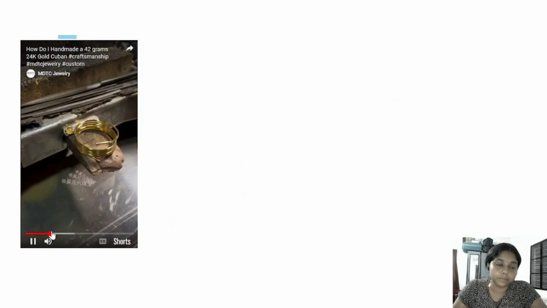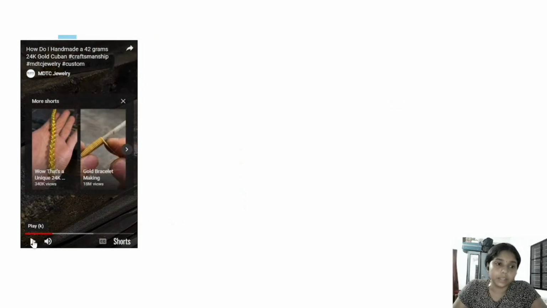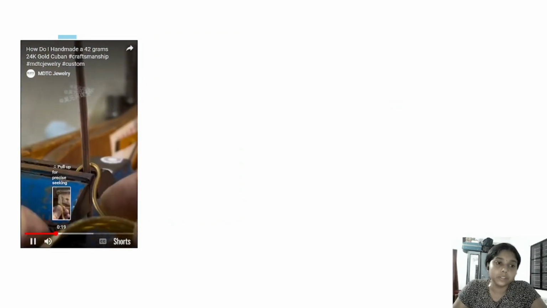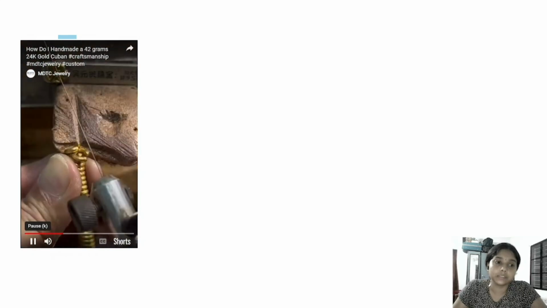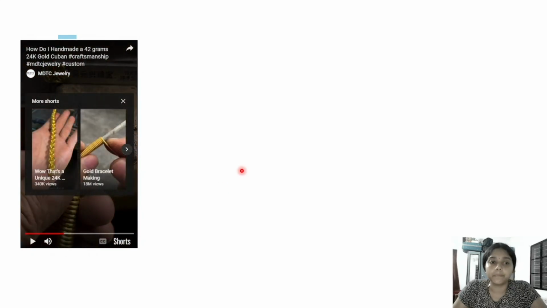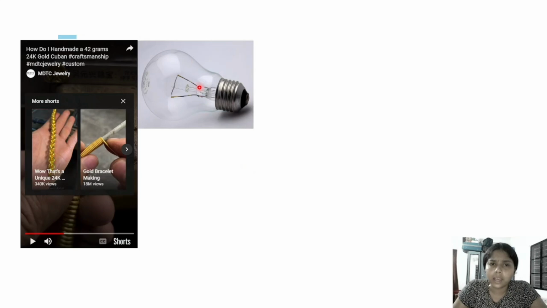In the video, it can be drawn into thin wires, right? Okay, these are wires. Have you seen this? Yes, it is a bulb. These are used in our rooms for lighting up. Can you see the wires here?